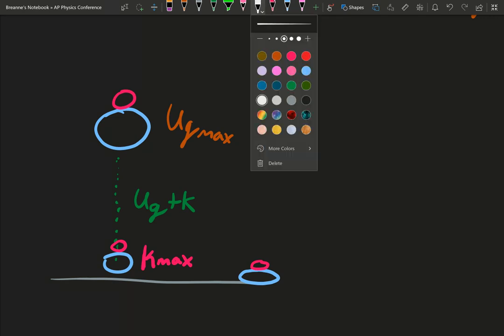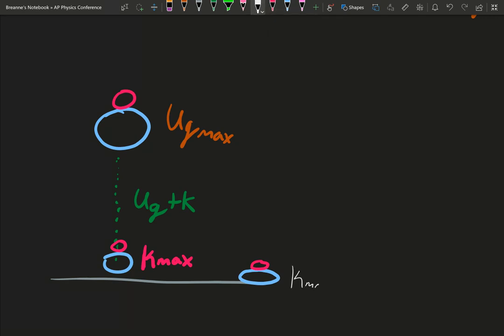You are going to lose some energy due to friction, but you're gaining elastic potential from the blue ball and you're gaining elastic potential from the red ball. You're gaining elastic from both balls.